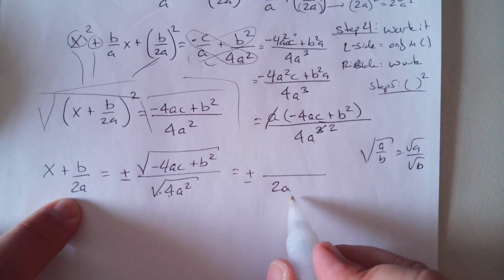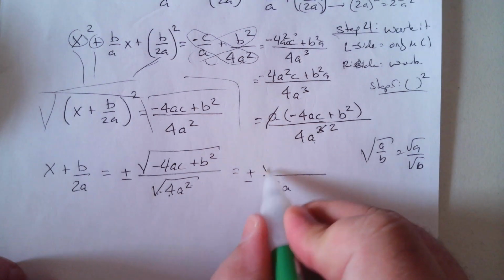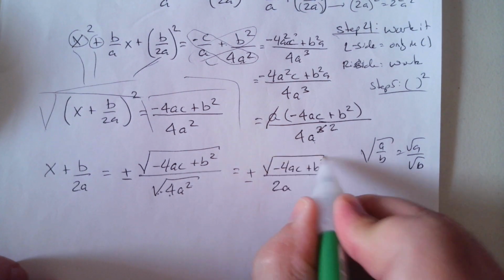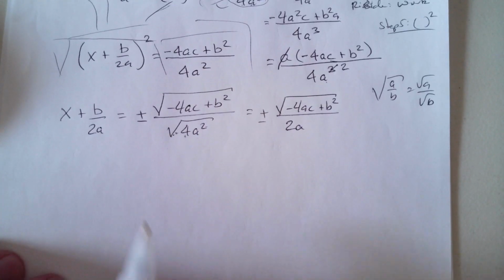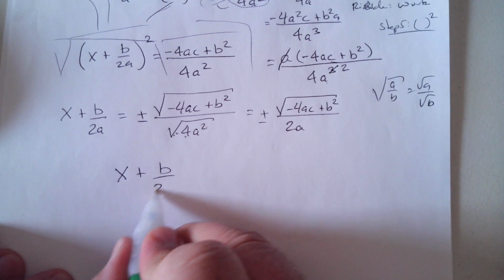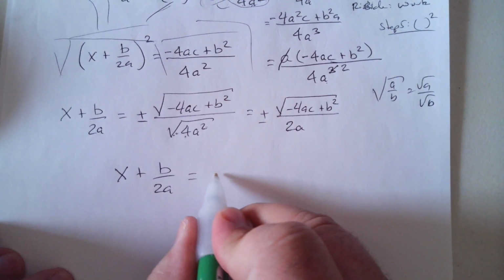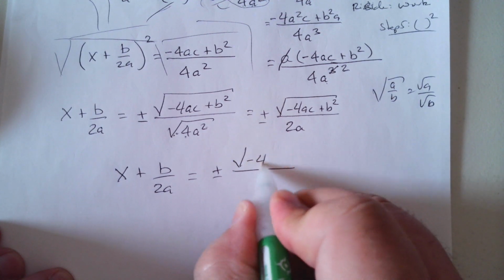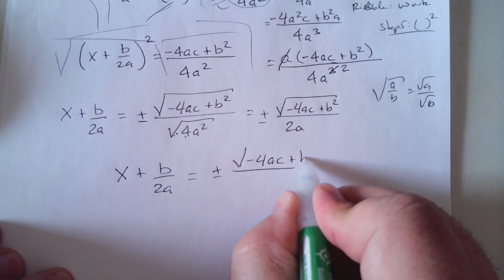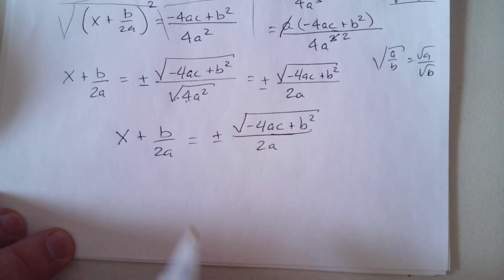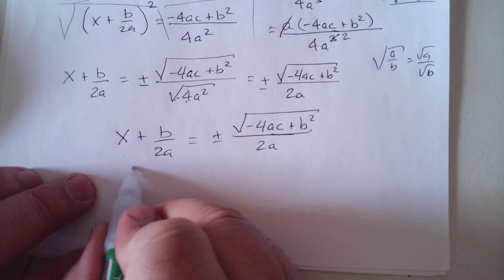I need to have a common denominator. So x plus b over 2a equals plus or minus the square root of negative 4ac plus b squared over 2a. Solve for x.